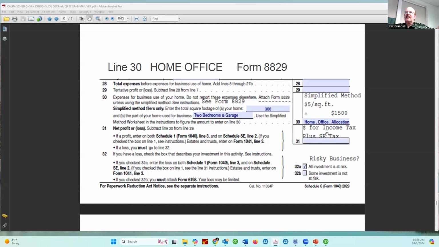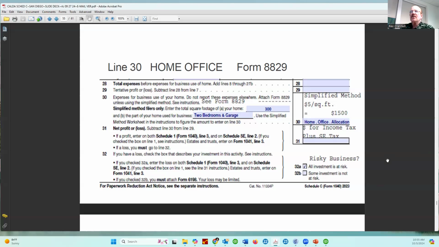One is you take that net income over to your income and apply regular income tax to it. The other is you go to Schedule SE for self-employment tax, or Social Security.